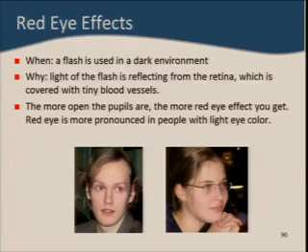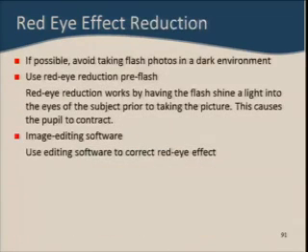Some of this information is so straightforward that you can go home and read it yourself. I just want to cover the main essence. The red eye effect occurs because the light hitting the retina gets reflected and captured by the camera. So how can you minimize it? There are a few things you can do.